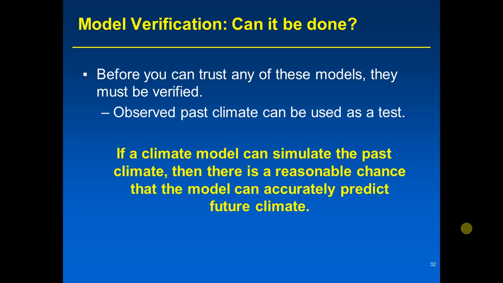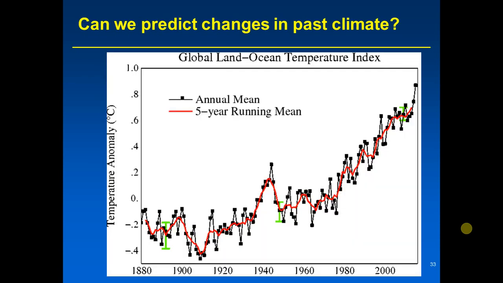If the climate model can't simulate what's actually happened, then how can we trust it in what it says will happen in the future? So, can we predict changes in past climate? Can we reconstruct what's actually happened concerning global average temperature, global surface temperature? Well, let's find out.